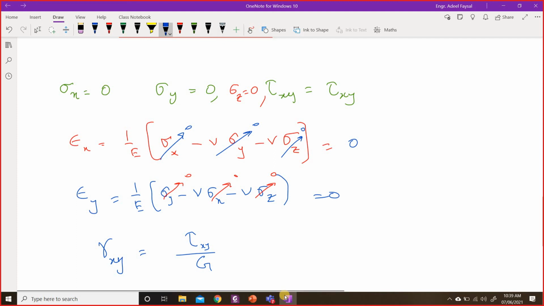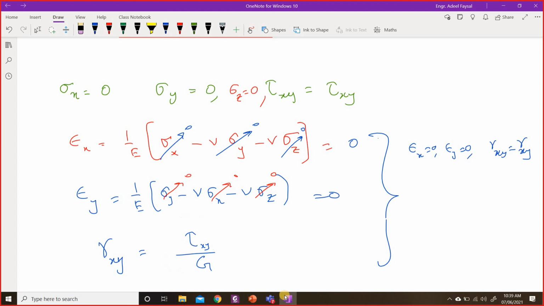So here is the summary. We have found that epsilon x is equal to 0, epsilon y is equal to 0, and gamma xy is any value, just call it gamma xy. If you want to write it in this form, you can, but we will do this substitution at a later stage.